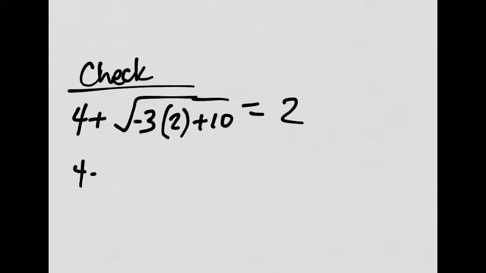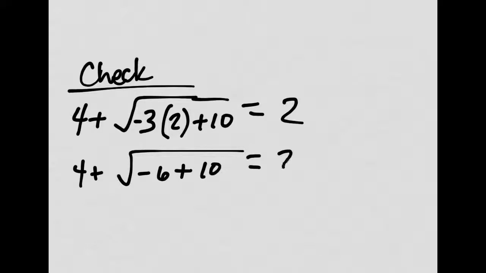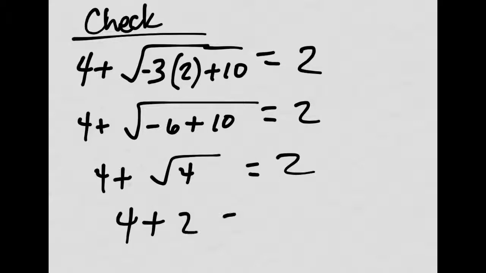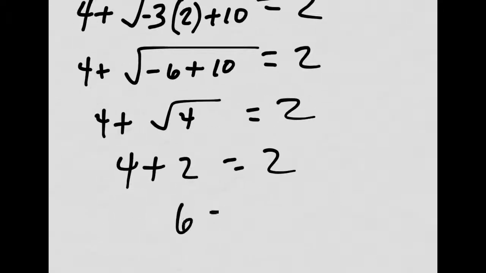So that's 4 plus the square root of negative 6 plus 10 is equal to 2. 4 plus the square root of 4 is equal to 2. So that's 4 plus 2 is equal to 2. So is that right? Is that what y'all got?